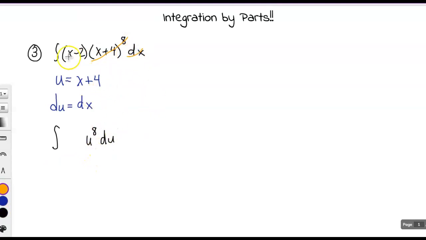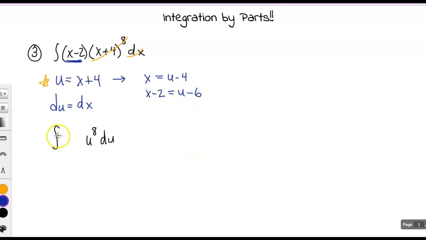Now what I have left over is x minus 2, which looks like a problem, but it's actually not, because I can solve this little statement right here for x. Then x is equal to u minus 4. What I actually have in here is x minus 2, so you can do this one of two ways. I like to say x minus 2, subtracting 2 from both sides, is equal to u minus 6.